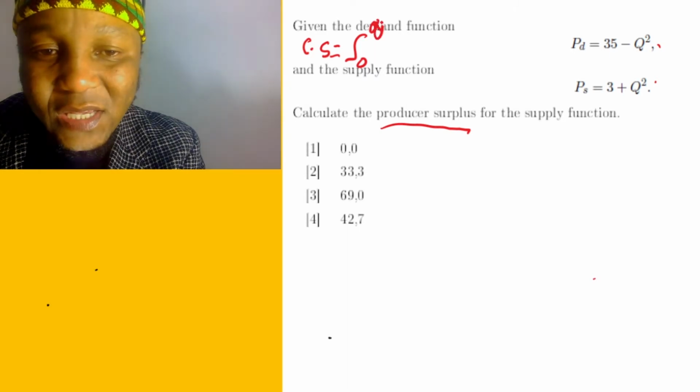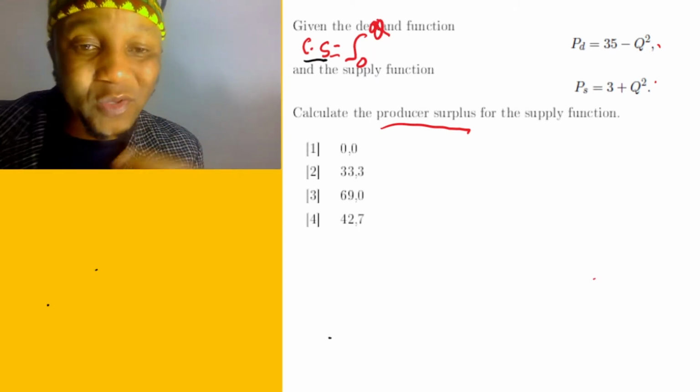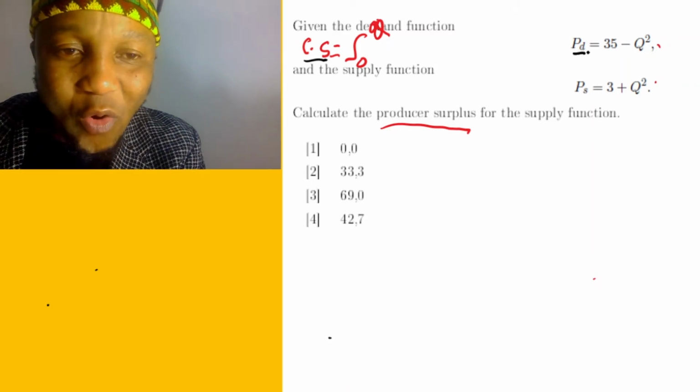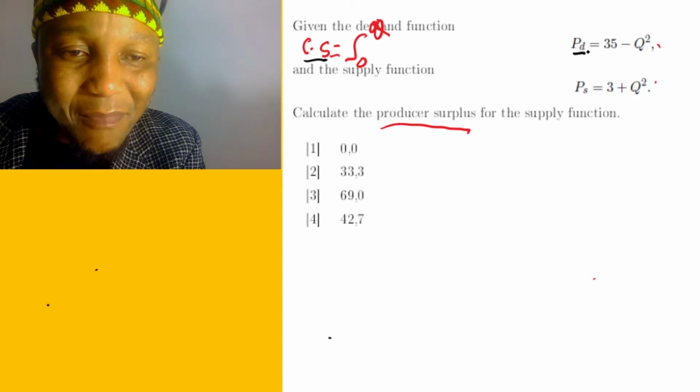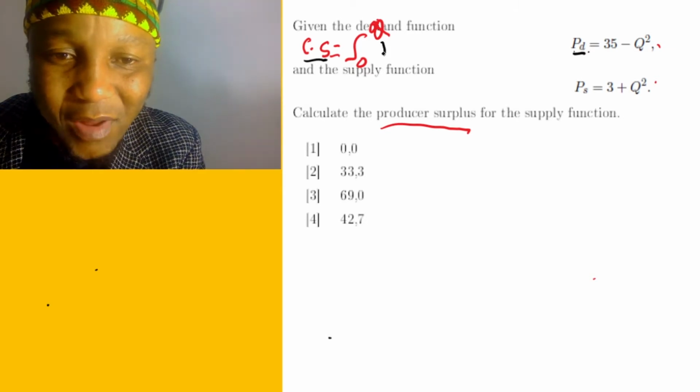This is for consumer surplus, which they did not ask us, but I want to show you because sometimes they switch. And then here you write your demand function, P, function of demand.